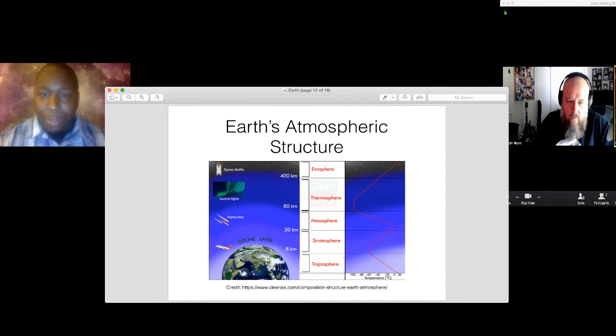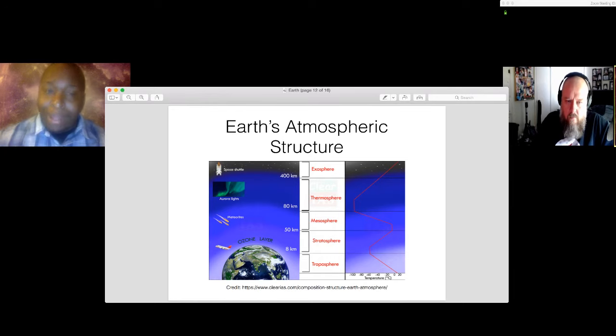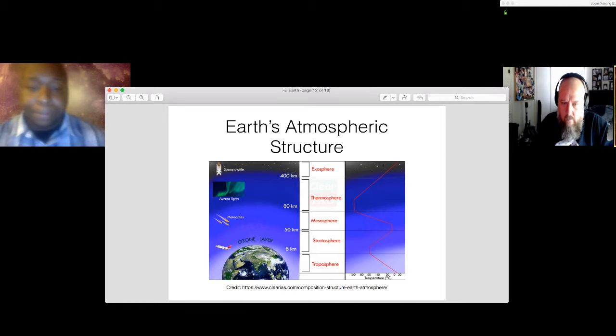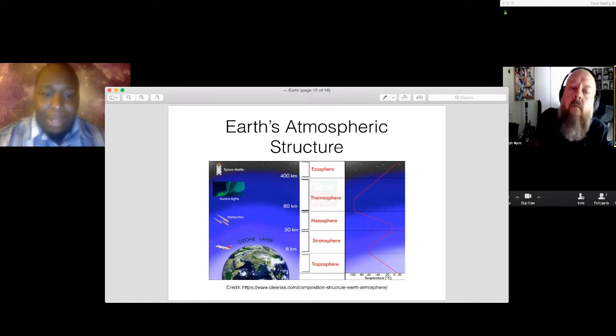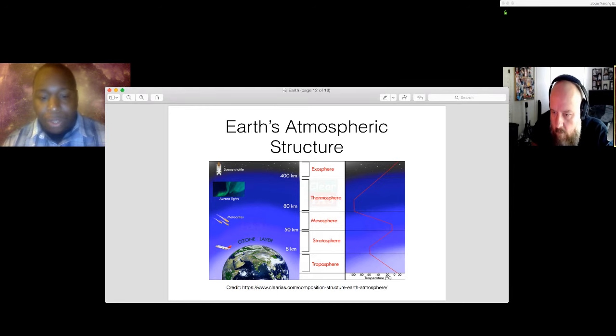Whereas if you go deeper into the Earth, we're talking about on the order of thousands of kilometers. But what we're seeing here in this image are the different layers of our atmosphere. Starting off with the lowest layer, the troposphere, which is typically the layer in which you'd see airplanes flying.